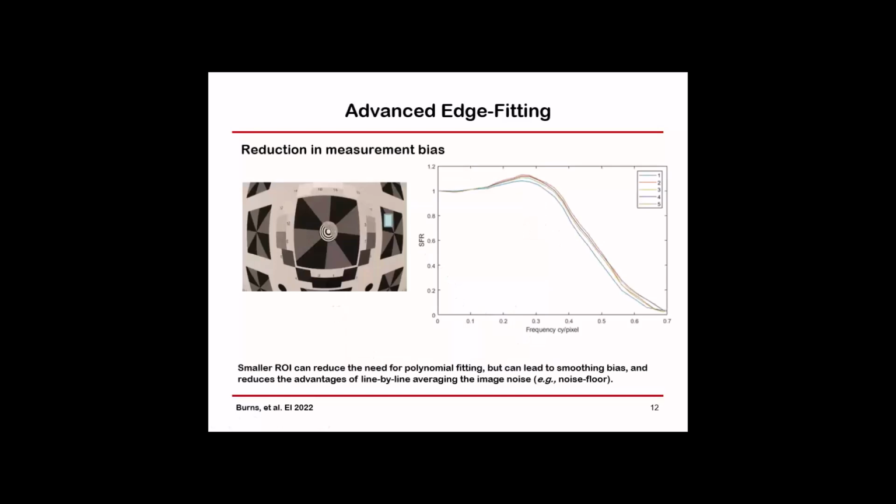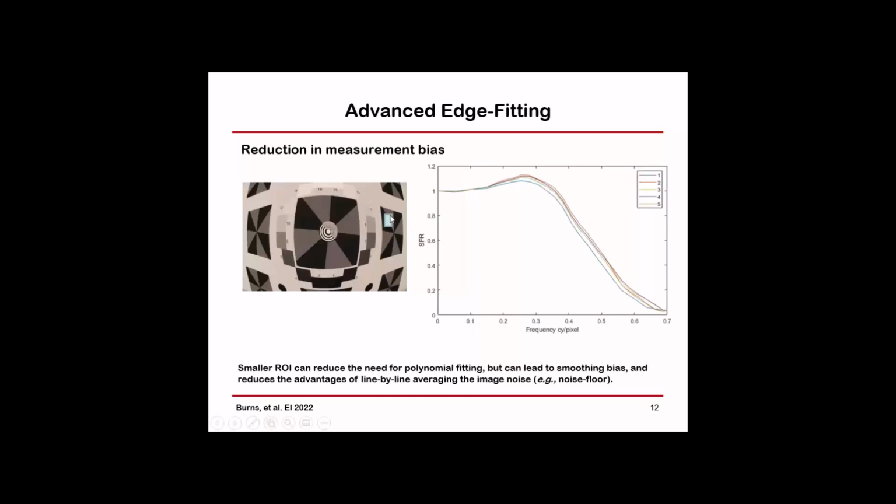Here's an example for barrel distortion introduced into the test target that is part of the new standard. And as we might expect, as we get distortion, we get a reduction in the resulting SFR.